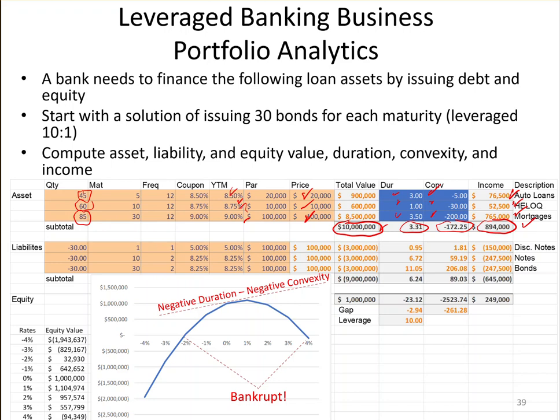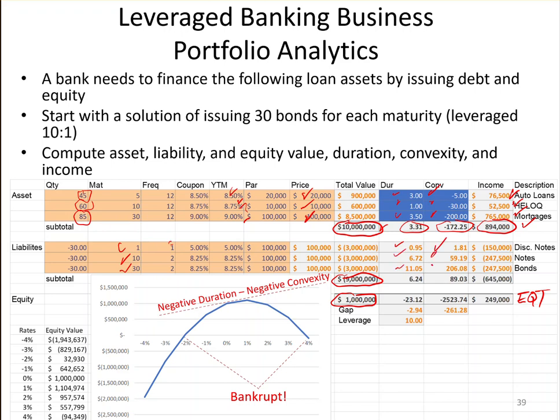How they're going to fund that purchase is they're going to use $1 million of equity. This is the equity line. And they're going to use $9 million of debt, which is just issuing a series of either 1, 10, or 30-year bonds. Just normal bonds. These are just the VBA functions for duration and convexity.